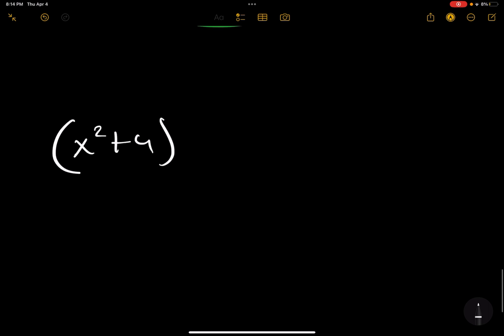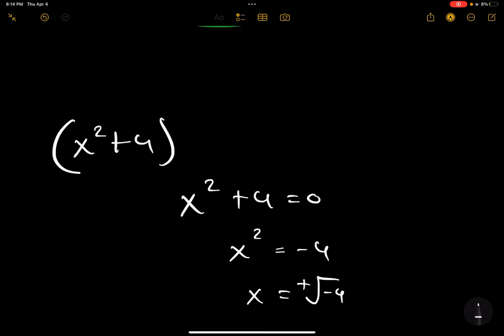Why? Because if we try to find the roots of this, they will be complex numbers. We know this because if we do x squared plus 4 equals 0, we're going to get the square root of minus 4, and that's instantly complex numbers.